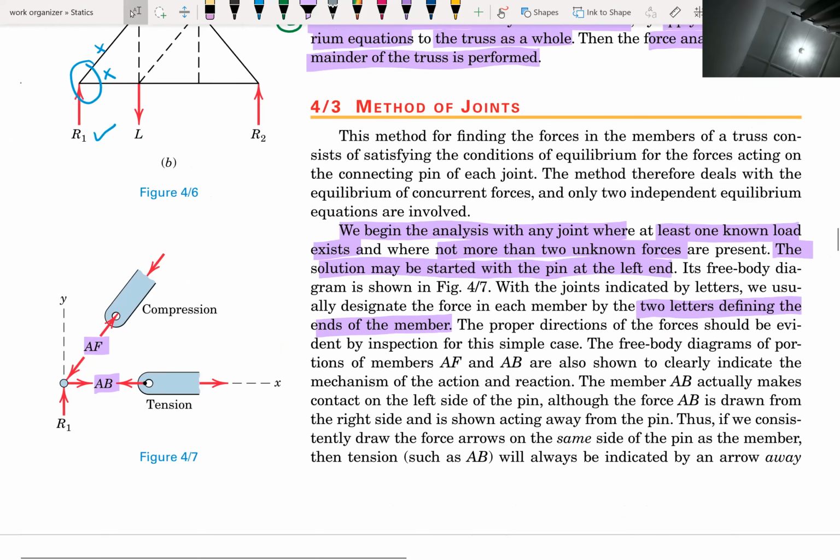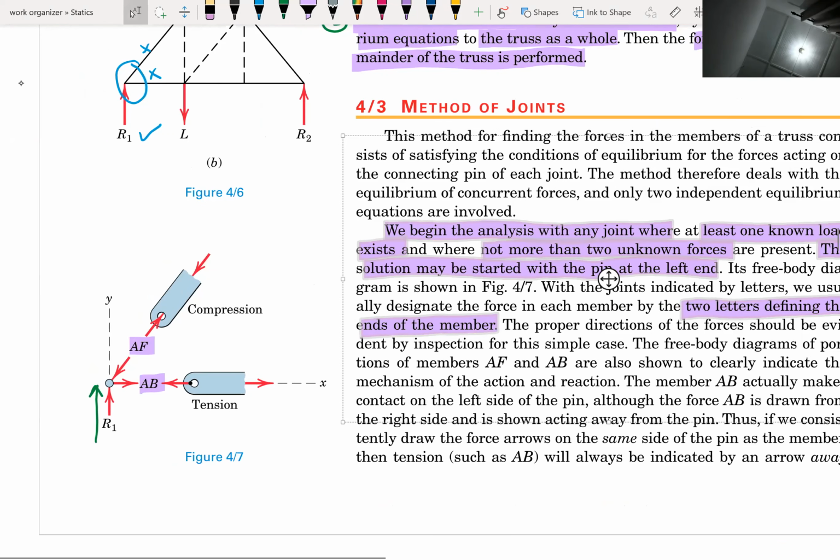In this case, we know the load is going upward. I think I should draw a new one. Here we have load R1, and we don't know the forces for the members AF and AB.